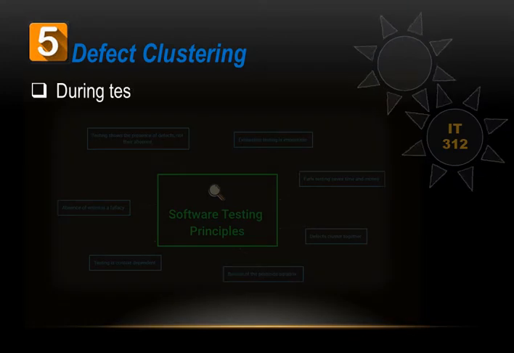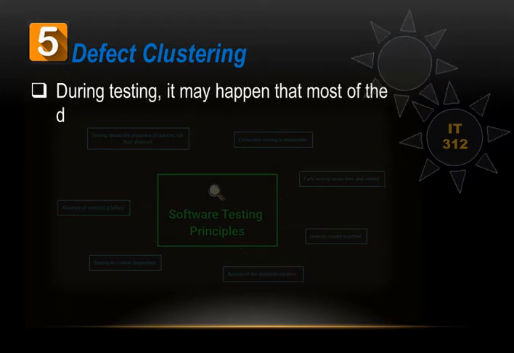For number 5 under the software testing principles: defect clustering.